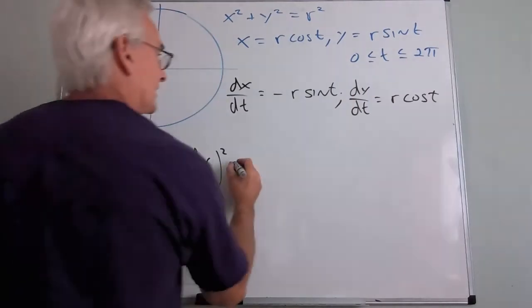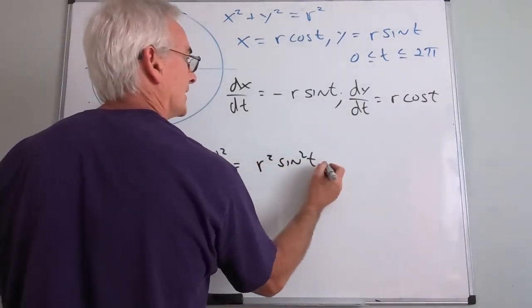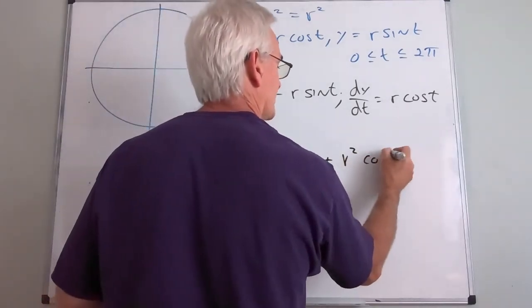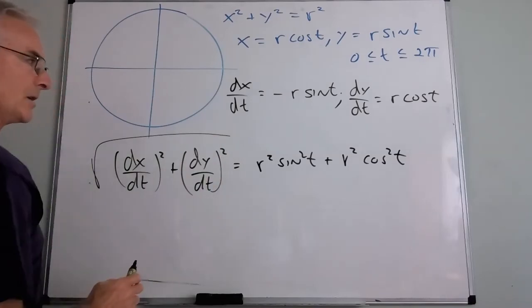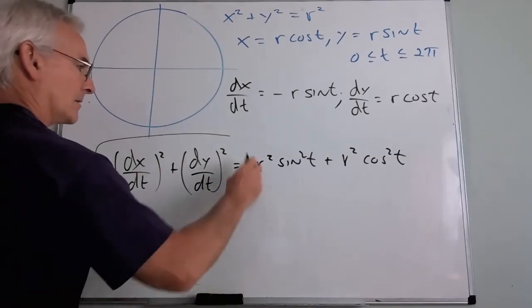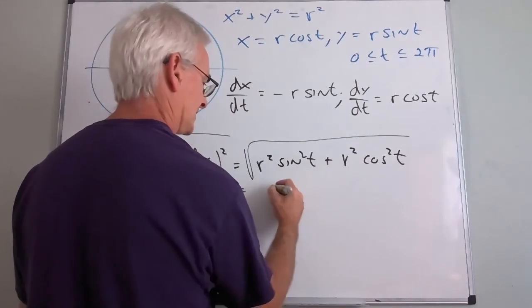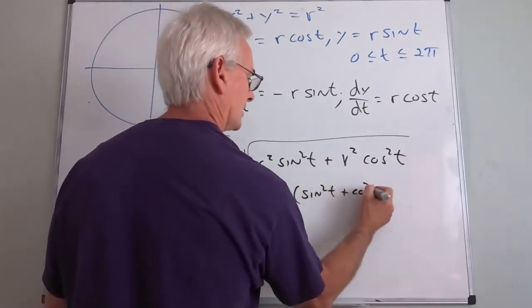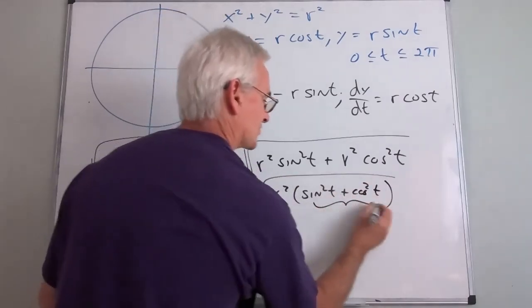So when I do this, I'm going to get r squared sine squared t plus r squared cos squared t. I wanted it all under a root. Isn't this r squared times sine squared t plus cos squared t, which equals 1? But that's just 1.